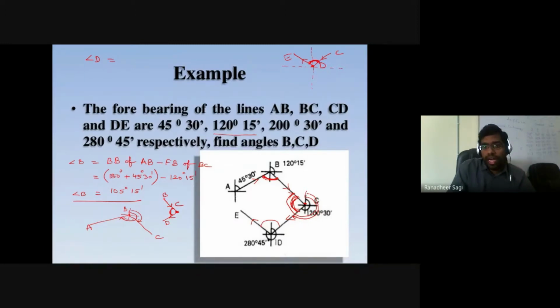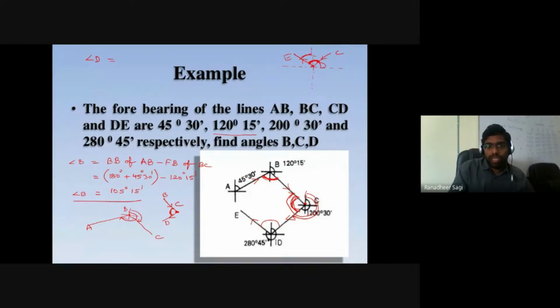Can I directly write this angle with the data available? Yes, as the back bearing of this line CD plus this remaining angle. But what is this remaining angle? It relates to the DE line.